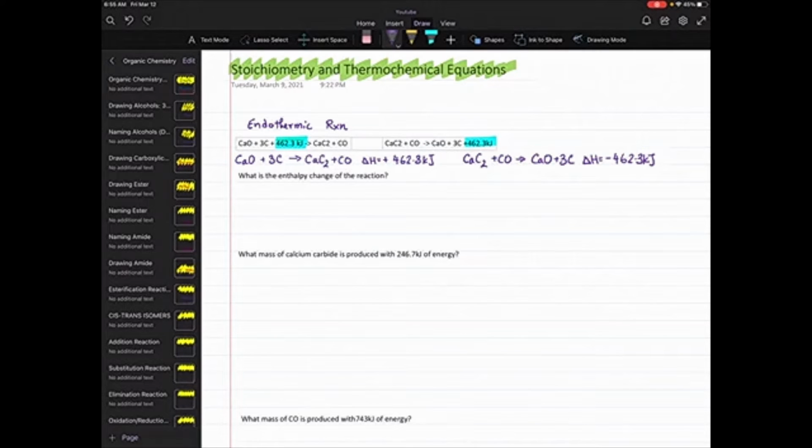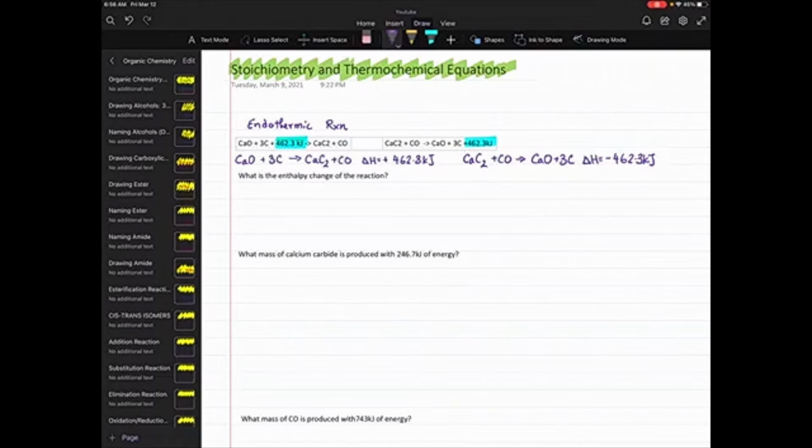Now, the first question we have here for you is, what is enthalpy change of a reaction? Enthalpy change, the delta H that we have just written above, is considered enthalpy change. Enthalpy is the energy of the system. It is very hard or difficult to determine how much energy a system really possesses.